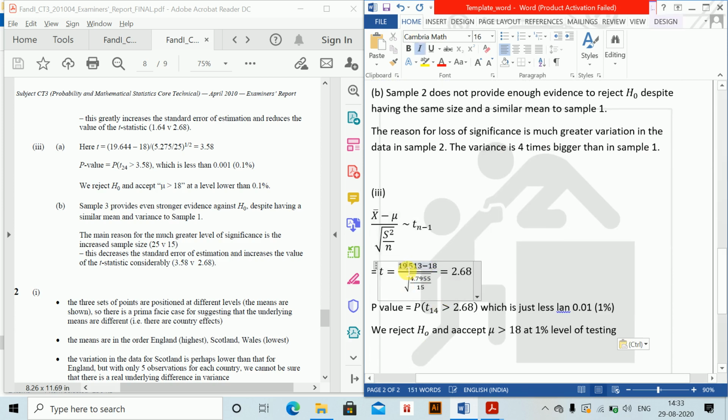Now for part 3 we have 19.644 minus 18, divided by 5.2975 over 25. Now here this is changed and this becomes 3.58.